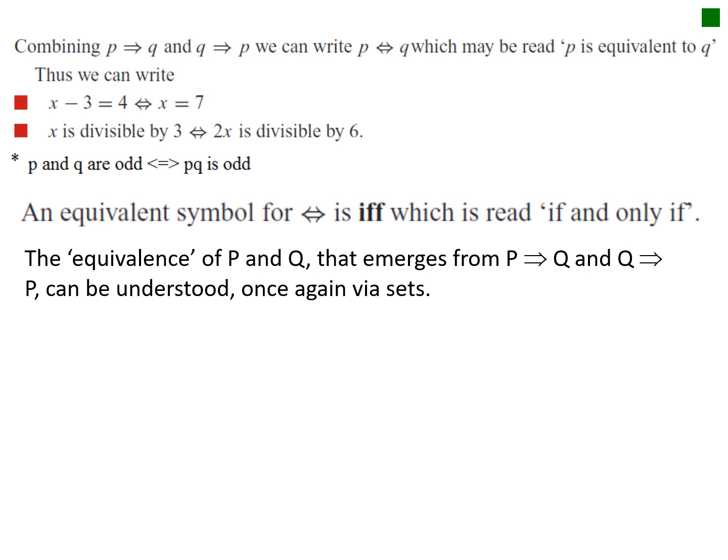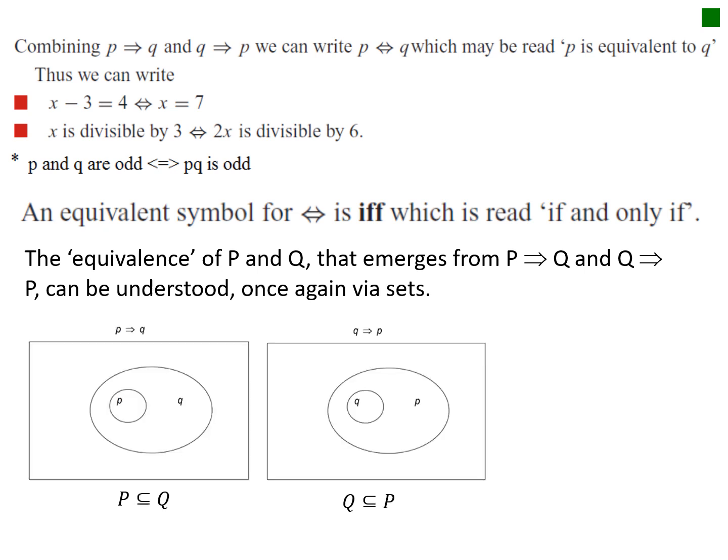So the best way to understand how we can use that term equivalence would be to understand P implies Q and Q implies P in terms of sets. So there they are. If P implies Q, it indicates that all the things that make P true are a subset of all the things that make Q true.